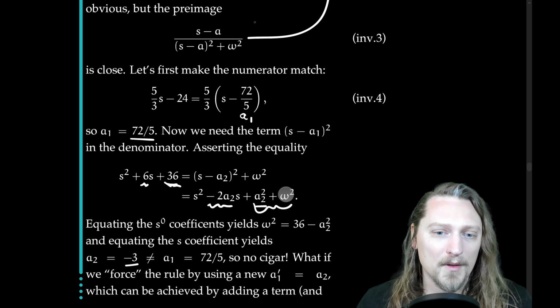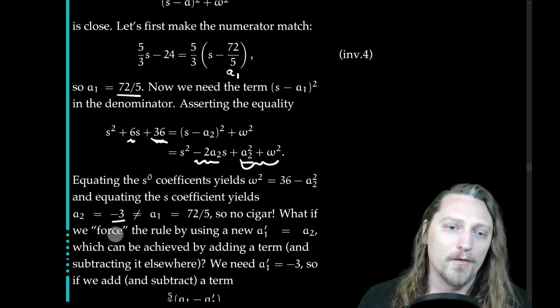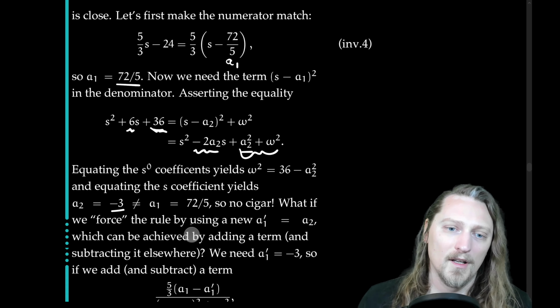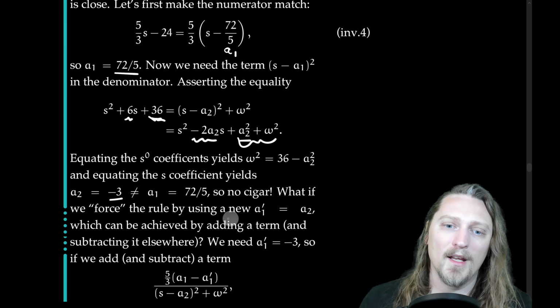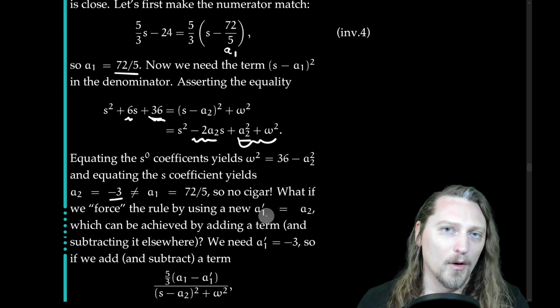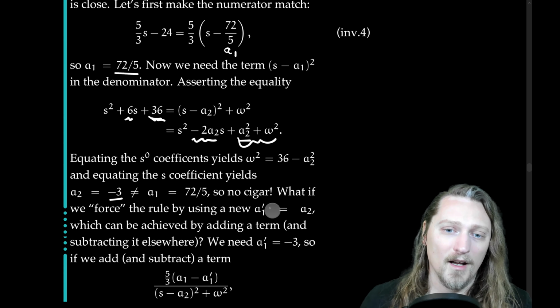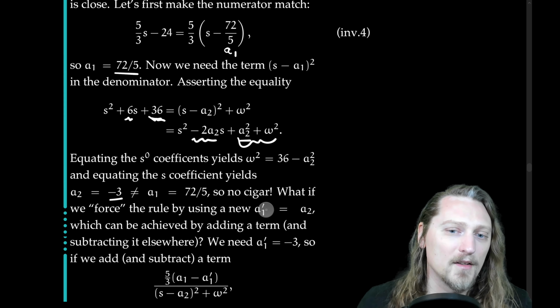So what we do is we say, okay, well, the denominator one was a little bit harder. So what if we force this rule by using a new a1? We could have changed a2 or a1, but let's change a1 to some new value. Okay, so a1 prime.